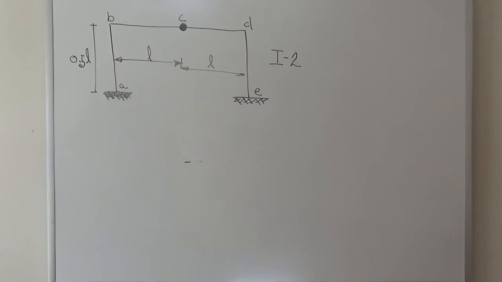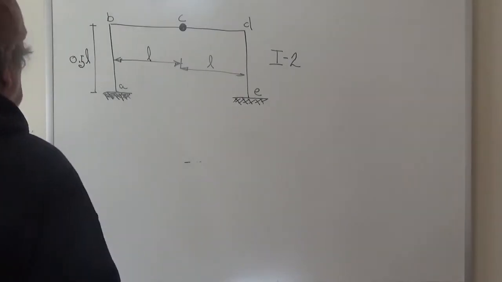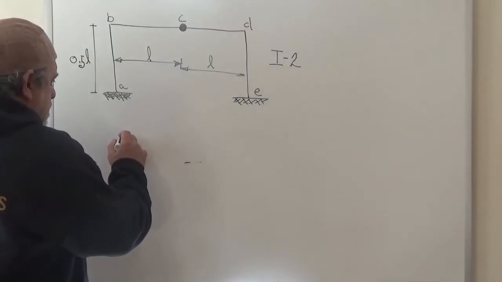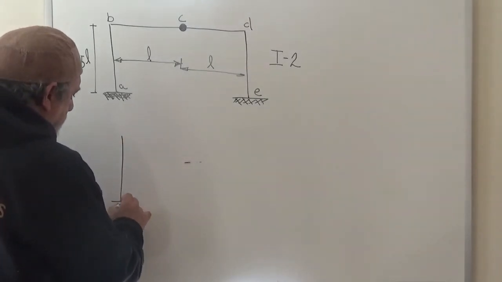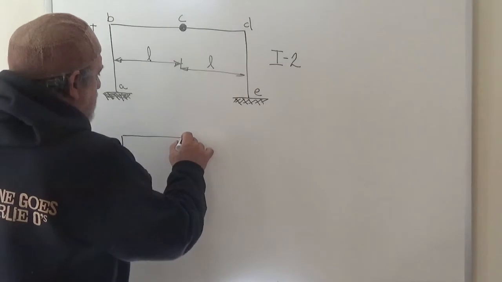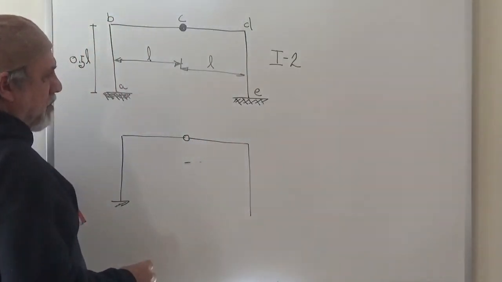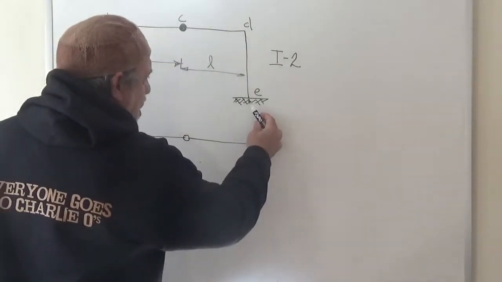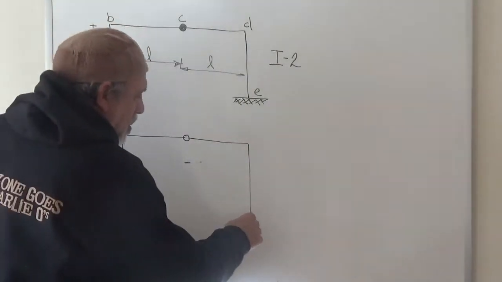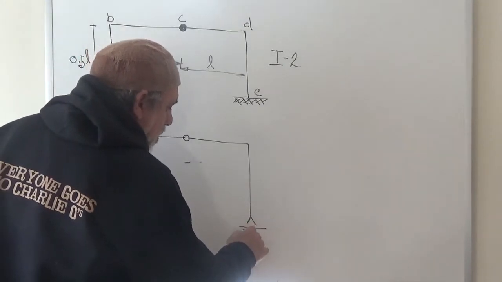We now have the question, which redundants do we want to choose? Obviously there will be two, but there are choices. So I am going to choose, for redundants in my solution here, I'm going to change this fixed end for a roller.